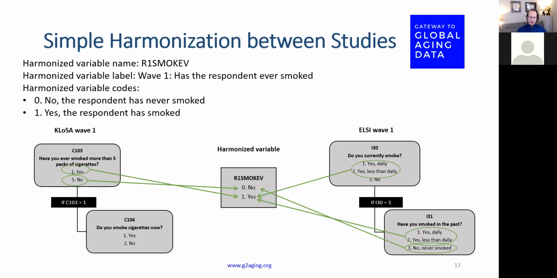And then 3, no, never smoked, is comparable to people who have never smoked 5 packs or more inside of KLOSA. So that can give you some ideas of the advantages of using a harmonized variable. We know that the value codes are going to be comparable between different harmonized data sets, and the survey skip pattern has also been accounted for.